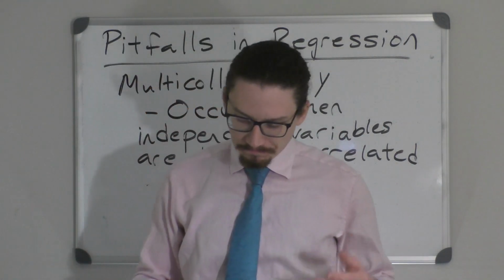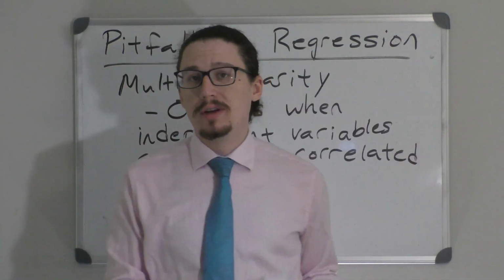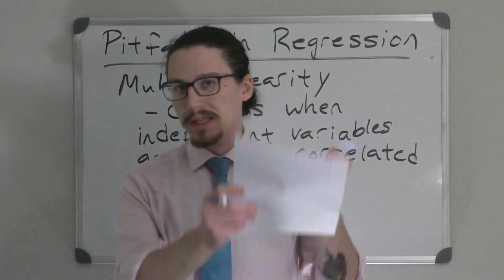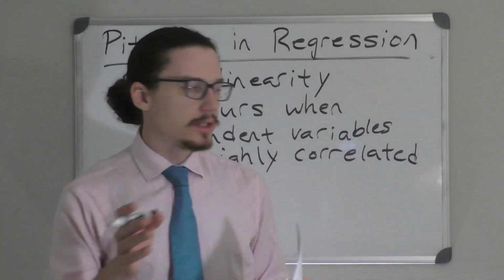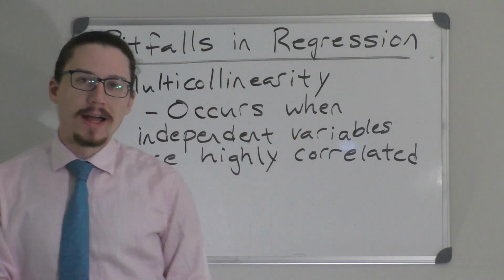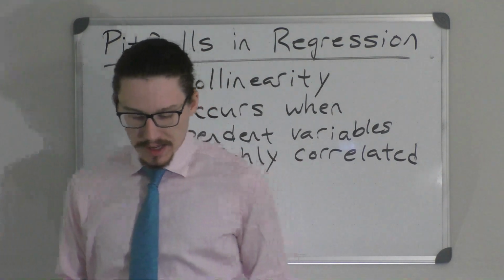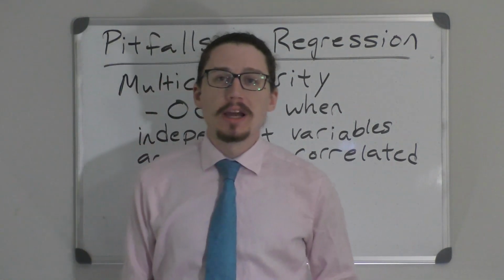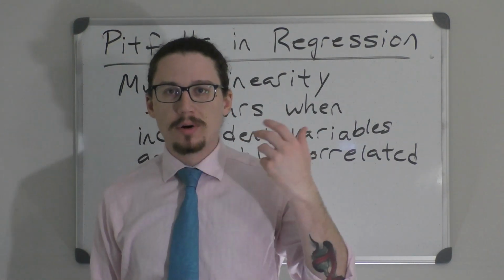So multicollinearity occurs when independent variables are highly correlated with each other. You've got two variables that move together, either positively or negatively, or in an inverse relationship. Regardless, when you have high levels of correlation between your independent variables, that's going to cause some problems.